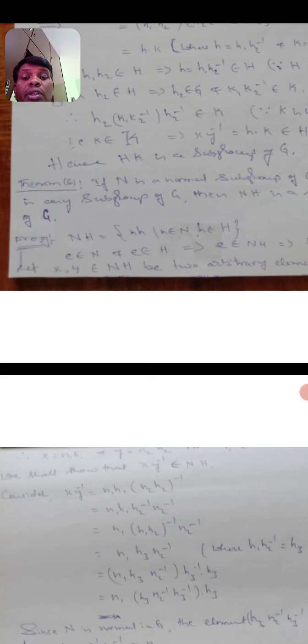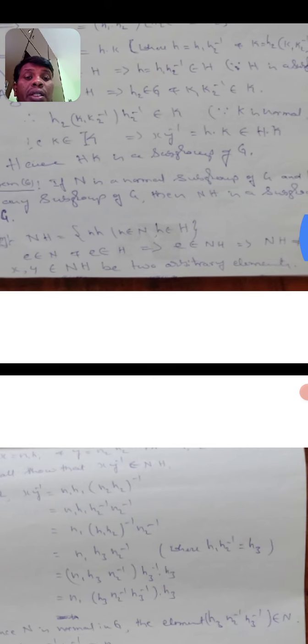So its proof is: consider the set NH, which is equal to the set of all nh such that n belongs to subgroup N and h belongs to subgroup H. Next, an identity element e belongs to N and an identity element e belongs to H. It implies e belongs to NH.